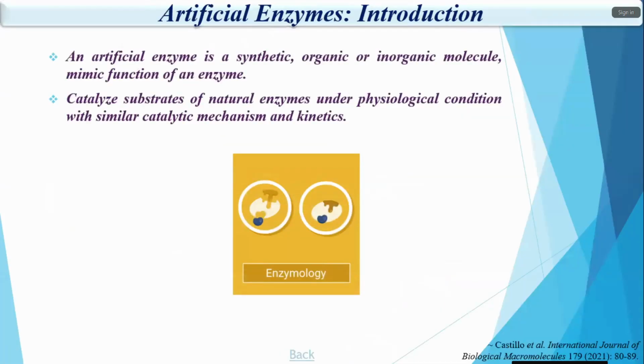It is a synthetic, organic or inorganic molecule which mimics the function of an enzyme. Natural enzymes have some substrate. If our material or metallogel shows properties of an artificial enzyme, it can catalyze the substrate of the natural enzyme under physiological conditions with similar catalytic mechanism and kinetics.